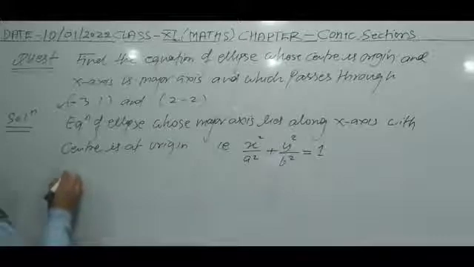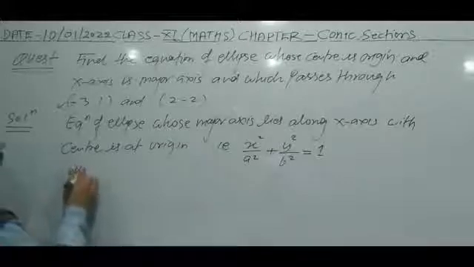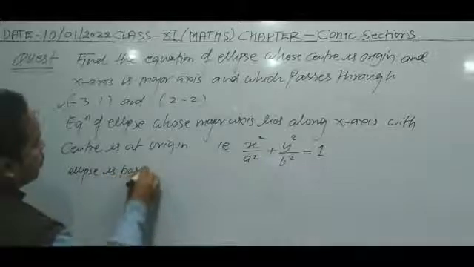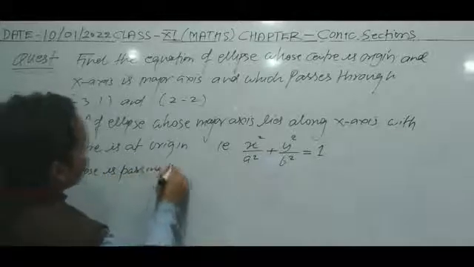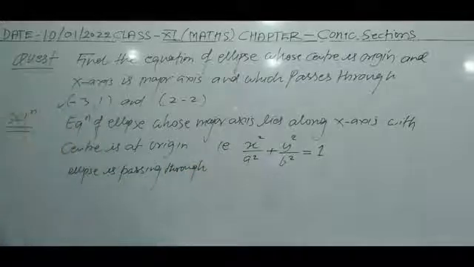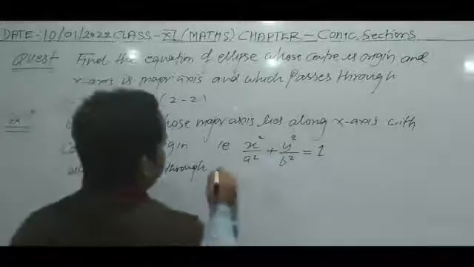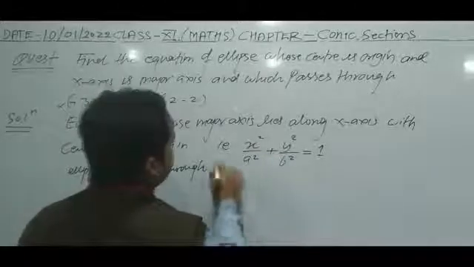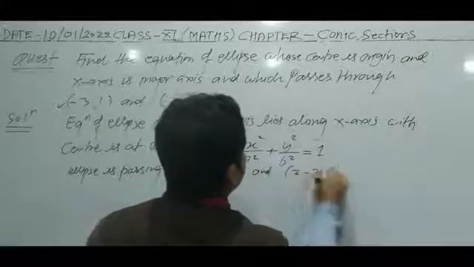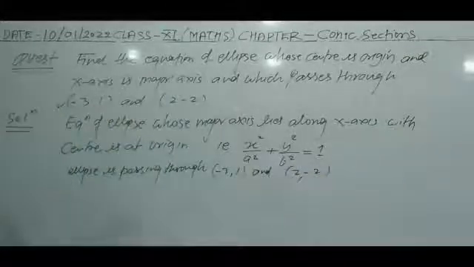Since ellipse is passing through -3, 1 and 2, -2, what will be the equation?